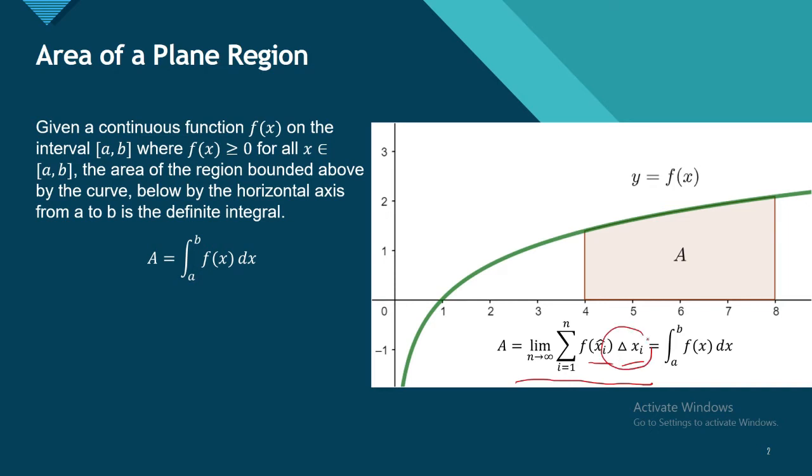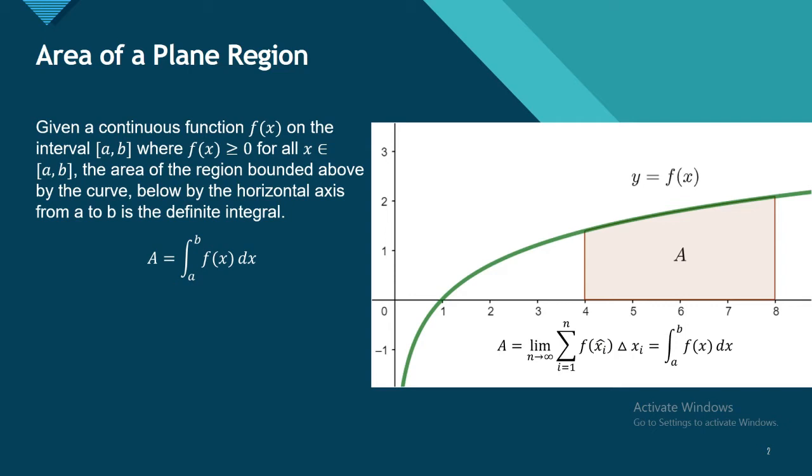Delta x, you can look at as the base or the width of your rectangle, and f of x is going to be the height of that rectangle. Now, if the limit exists, that is the area of this plane region. And if the limit exists, we write the summation in this way: the integral of f of x dx from a to b.